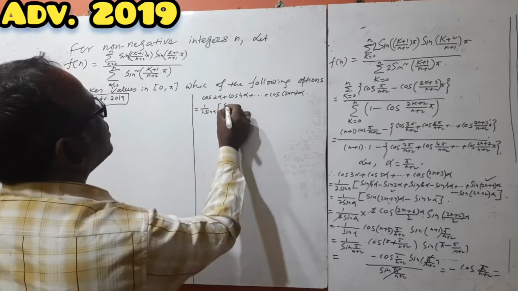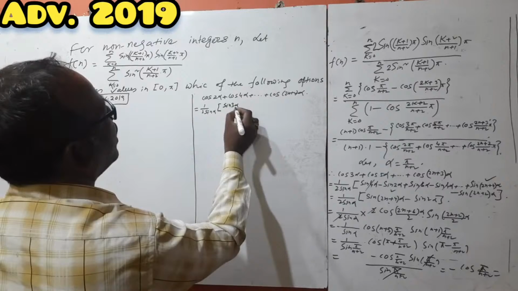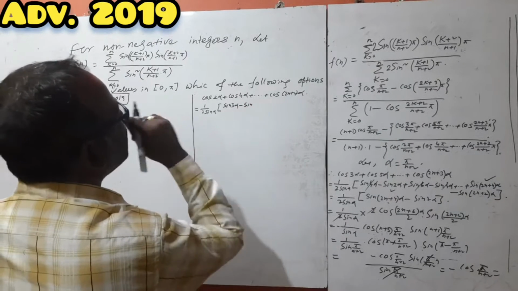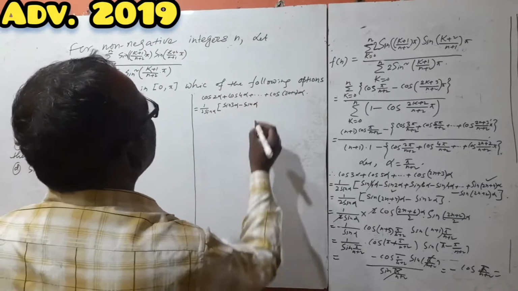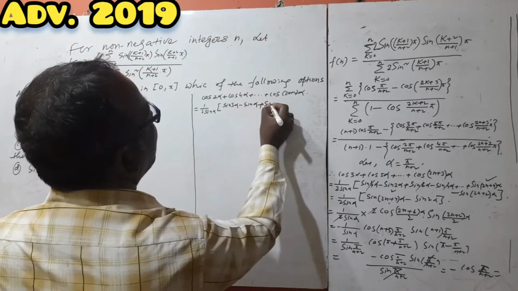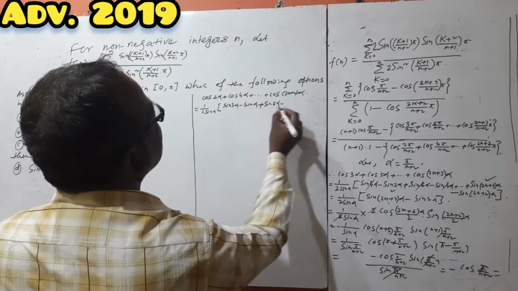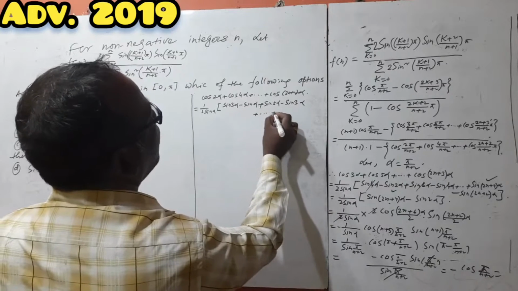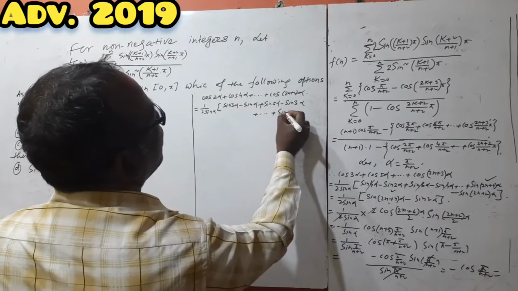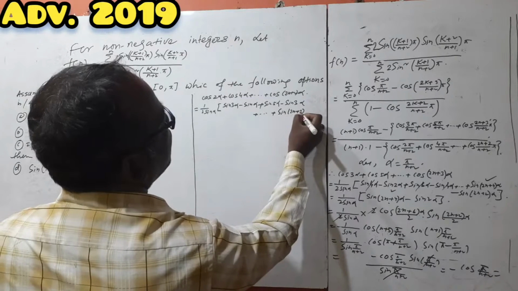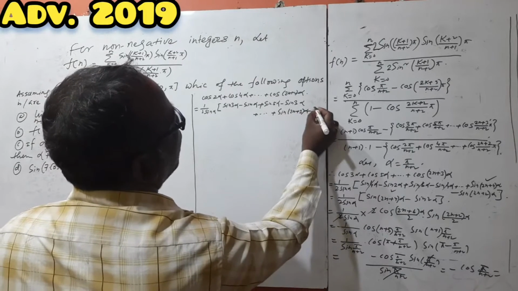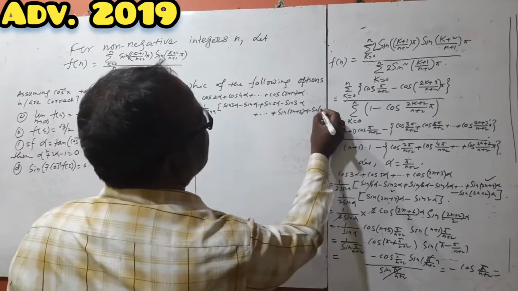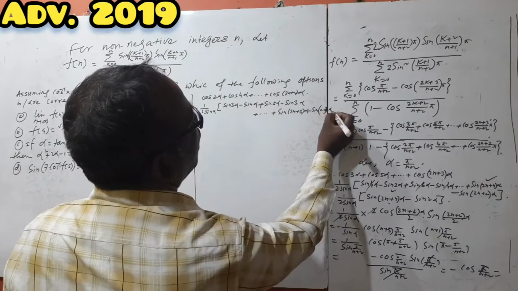This is sine of 3 alpha minus sine alpha. Okay, same as sine of 5 alpha minus sine of 3 alpha, and this is sine of (2n+3) into alpha minus sine of (n+1) into alpha.